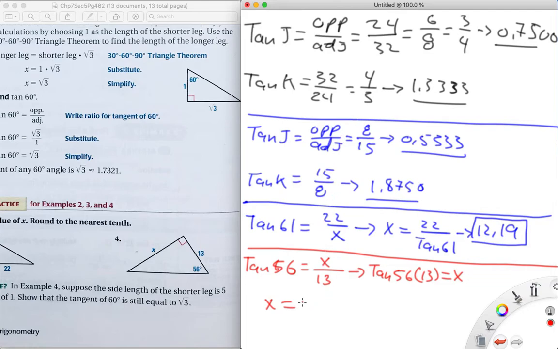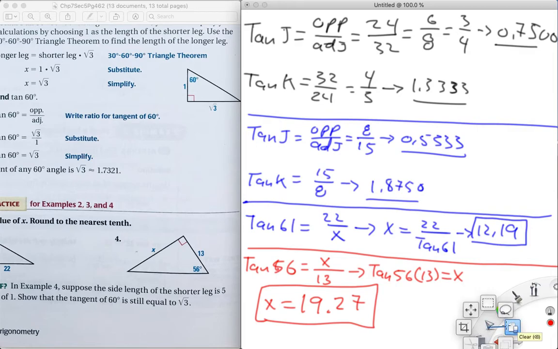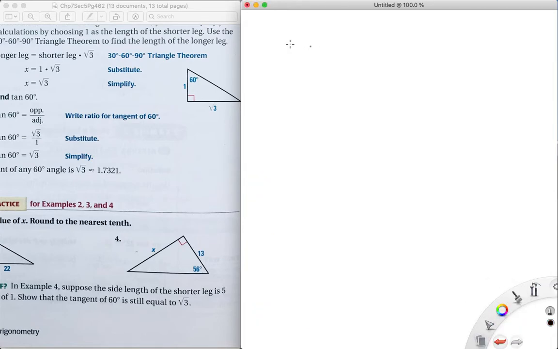19.27. One thing I forgot to mention, when you do these things on your calculators and you make your calculations, you have to make sure that your calculators are set to degrees. There's degrees, radians, and gradients. So in your scientific calculator or graphing calculator, degrees is set up as DEG.